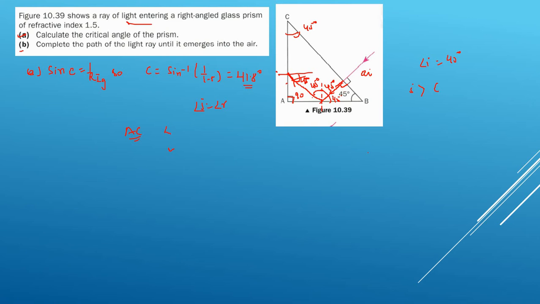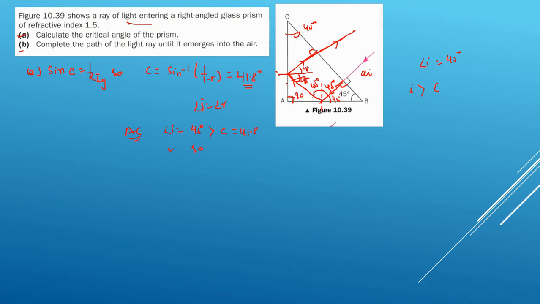At AC plane, what is the angle of incidence? It is the 45 degree, which is more than the critical angle, which is 41.8. So what will happen to this light ray? It will again reflect back. So reflection will happen at the same angle, which is 45. When it goes at 45, it will fall along the normal and go straight out at 90 degree. So this is the complete ray diagram.